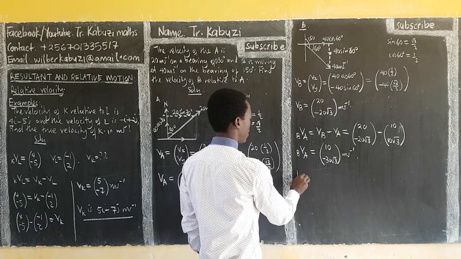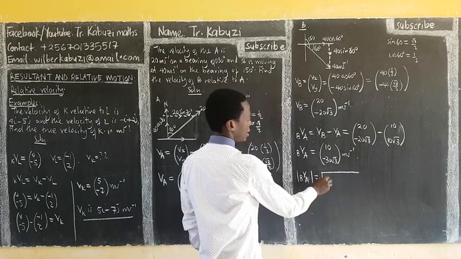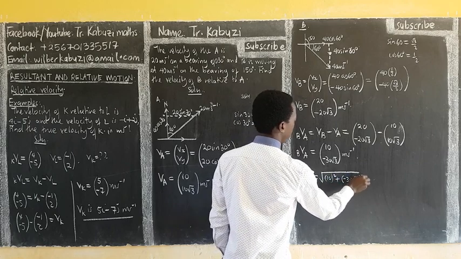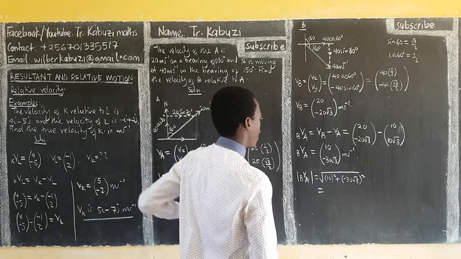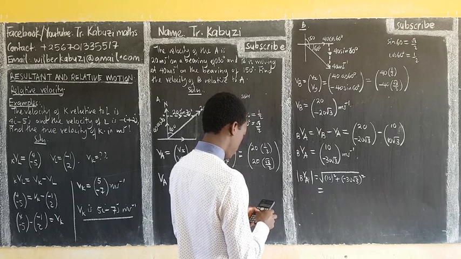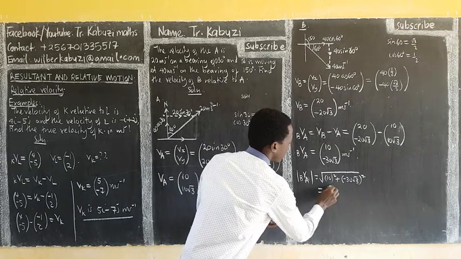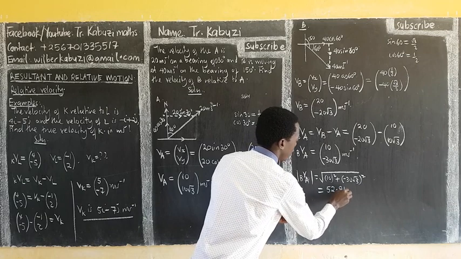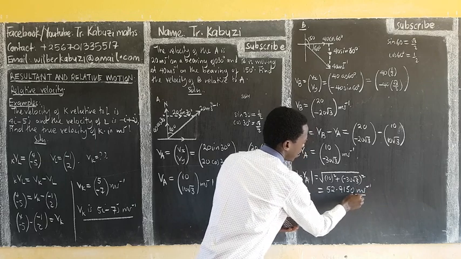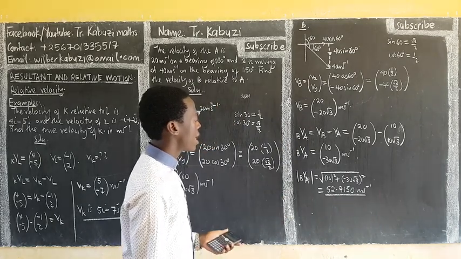So the magnitude of B relative to A will be the square root of 10 squared plus negative 30 root 3 squared. This will give us 52.915.